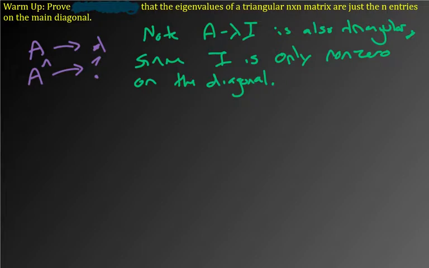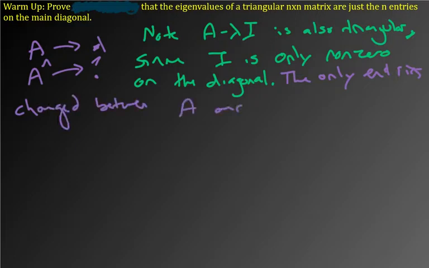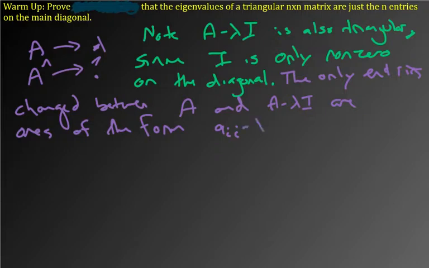So the only entries that are changing, the only entries changed between A and A minus lambda I, are ones of the form A_ii minus lambda, right?